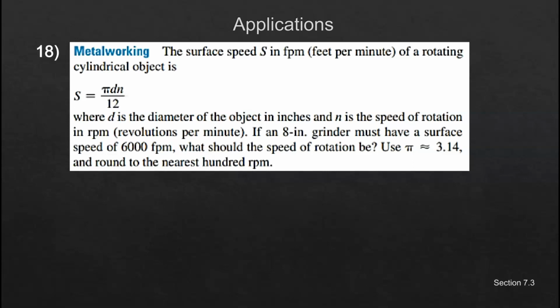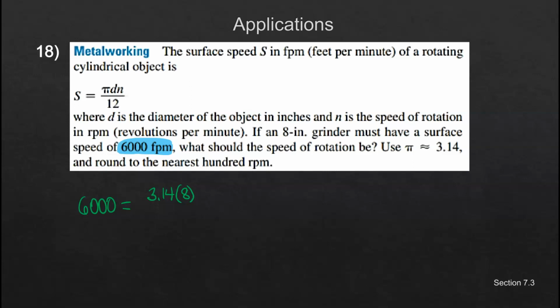So the S is in feet per minute. And so here's our S, the 6,000. So we're going to put 6,000 in for that. 3.14 for pi. And then it tells us that our diameter is going to be 8 inches.